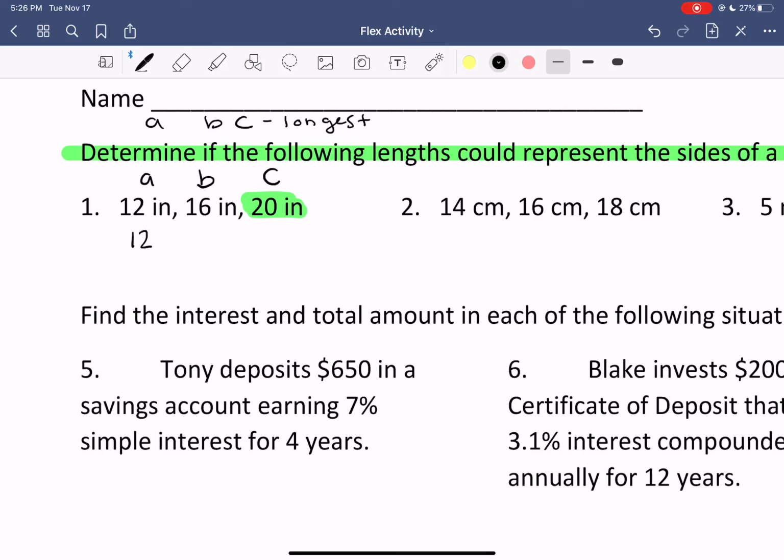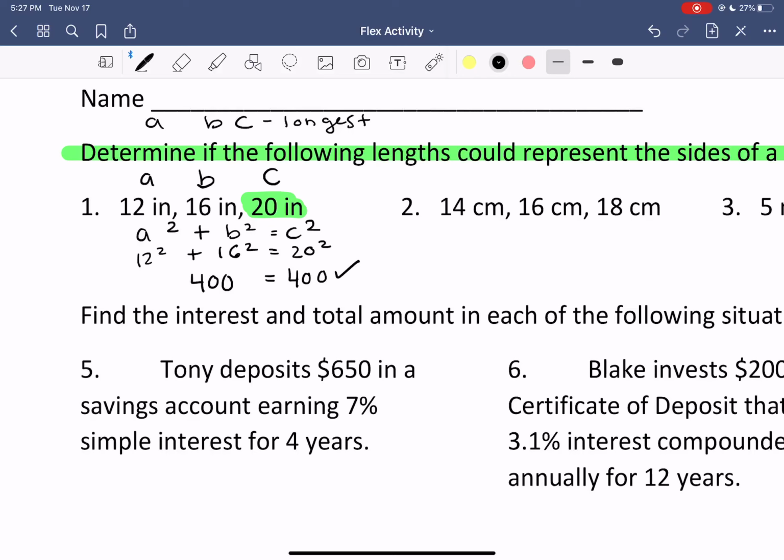We substitute into our formula, A squared plus B squared equals C squared. So 12 squared plus 16 squared equals 20 squared, which gives us 400 and 400. Since those equal each other, we have a right triangle.